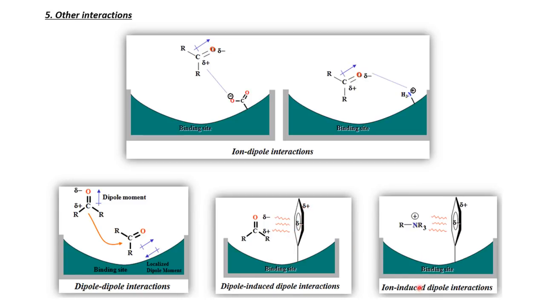Similarly here, if you have an ion as part of the drug and a hydrophobic group, then this ion can induce the hydrophobic group and cause what's called ion-induced dipole interactions. And it doesn't have to be the drug that's always positive and the binding site that always has the hydrophobic region. It could be the opposite.